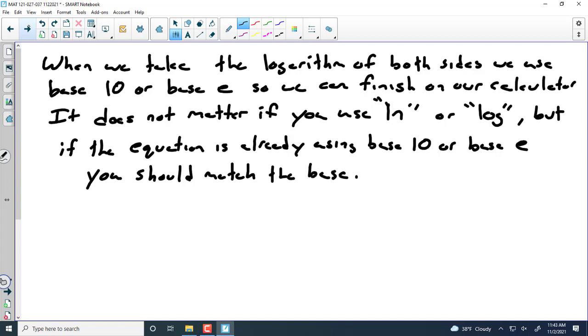I'll tell you what that means, everyone, don't worry. It really does not matter mathematically when you take a logarithm of both sides if you use the log base e, the natural log, or the log base 10, the common logarithm. It does not make a difference. You will get the correct answer either way. However, if they are already using one of those two bases in the problem, it is easier to use the base that they are already using. Let me show you what I mean.